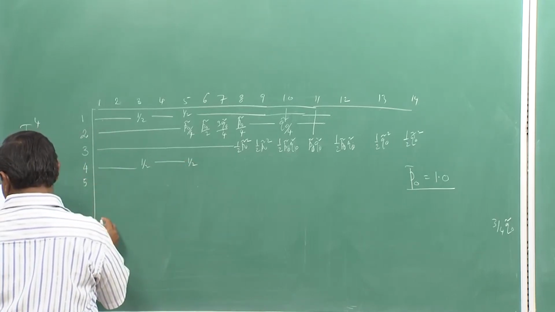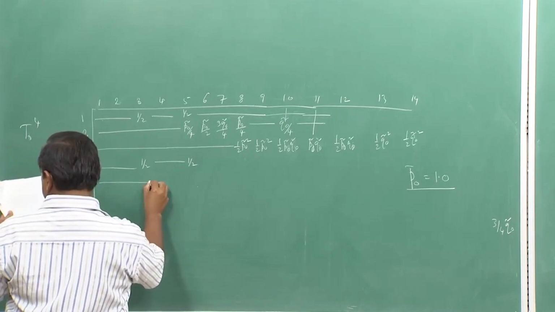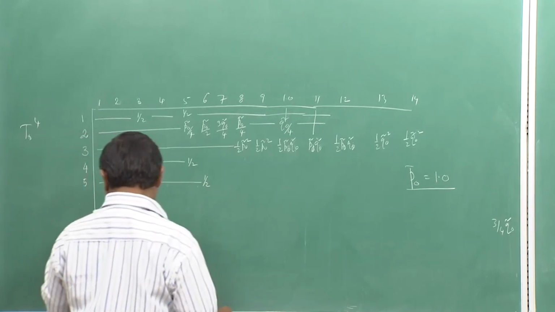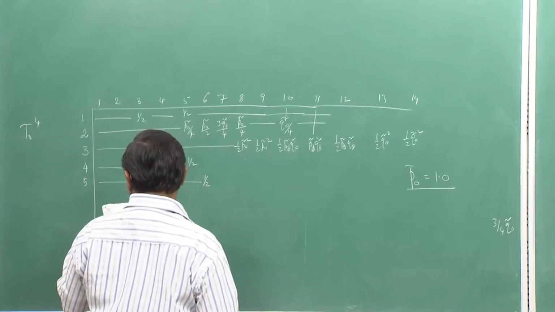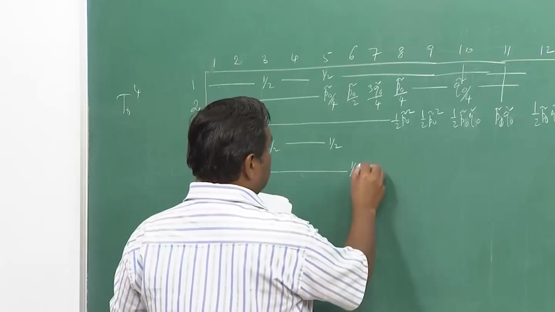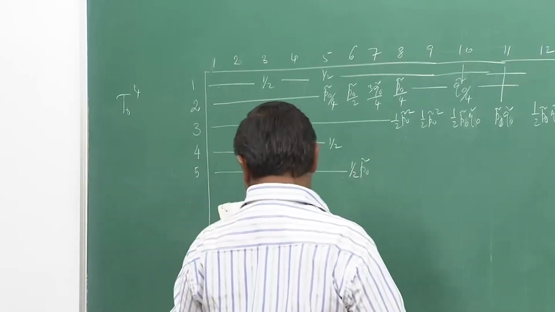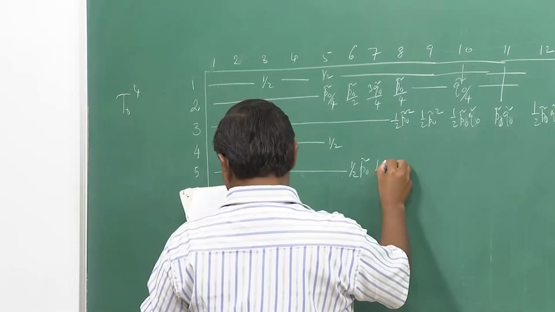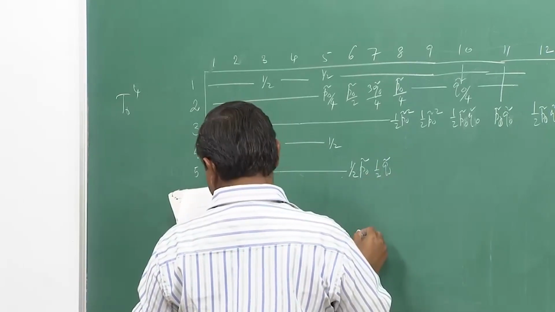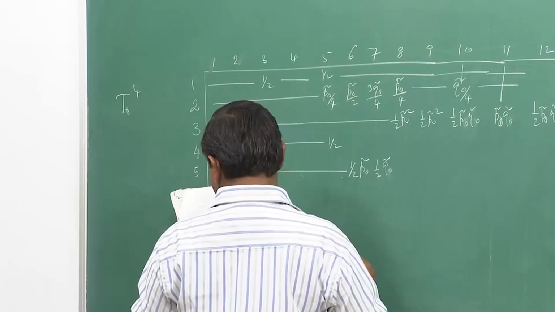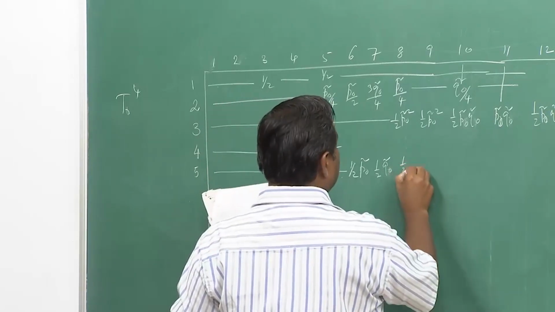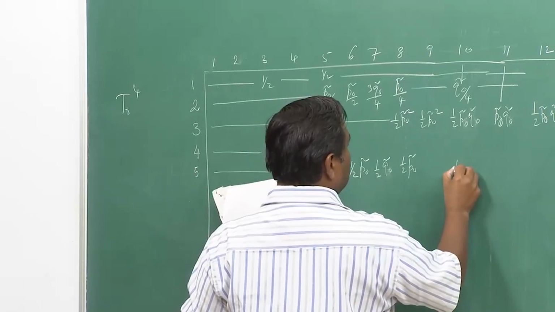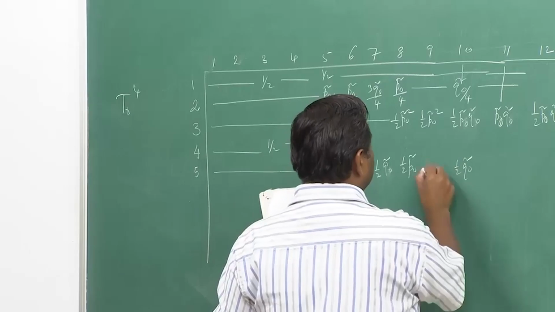Fifth will be at the sixth 1 by 2 p0 tilde, at 7th half q0 tilde, 8th half p0 tilde, and 10th half q0 tilde.